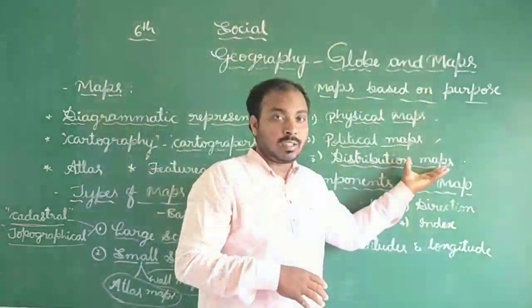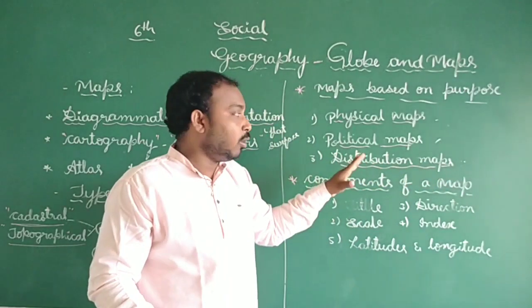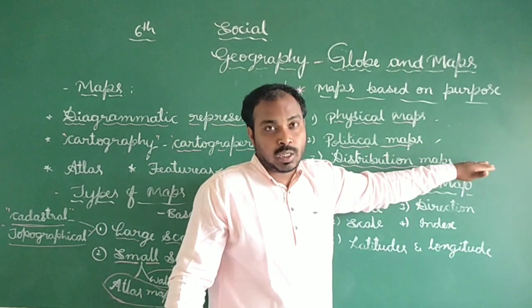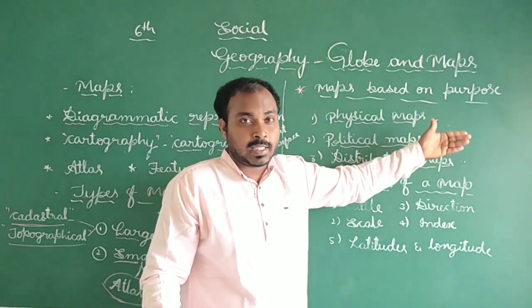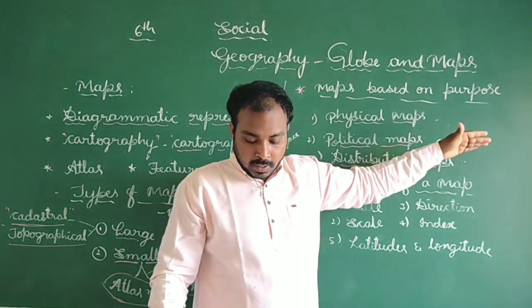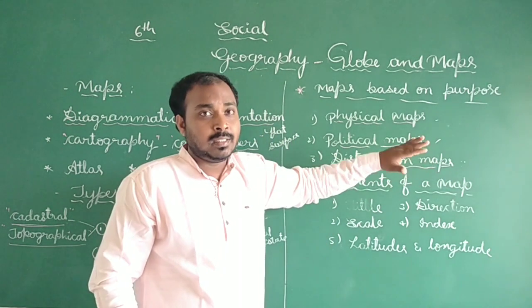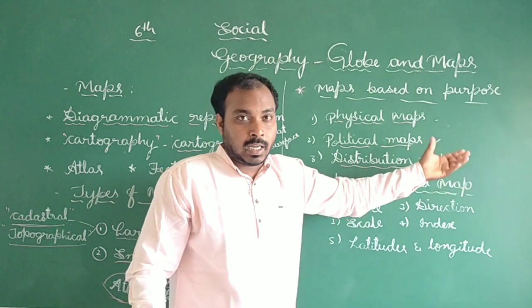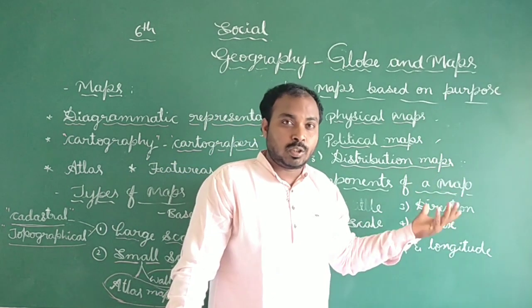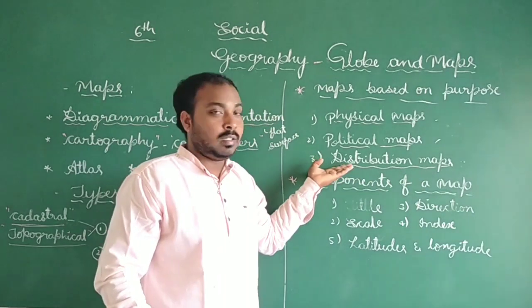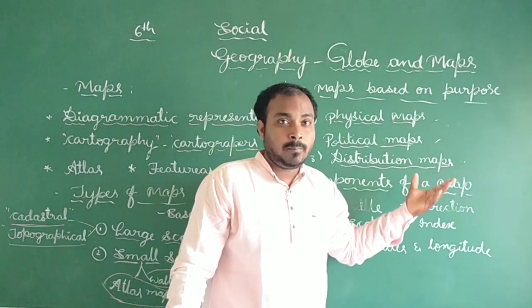These are what you can learn in the distribution maps. The distribution maps represent definite features, in the sense land, waterways, railways, minerals, resources. So these are the things we can see in the distribution maps.